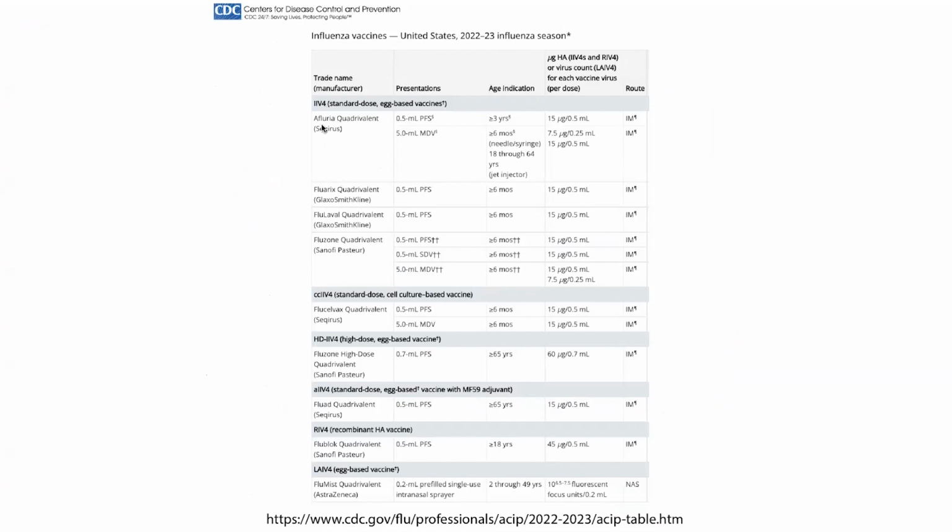You can see that there's a number of these standard dose egg-based vaccines. There's also a high dose egg vaccine, Fluzone High-Dose Quadrivalent, recommended for people over 65 years. There's also cell culture based vaccines, such as Flucelvax. There's also this egg-based vaccine that has an adjuvant.